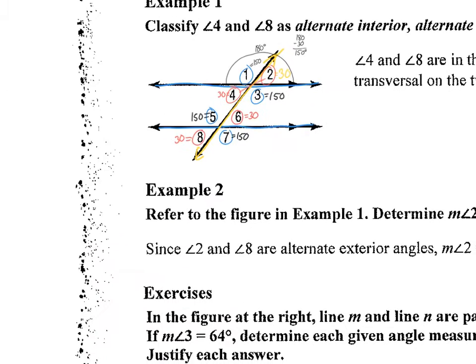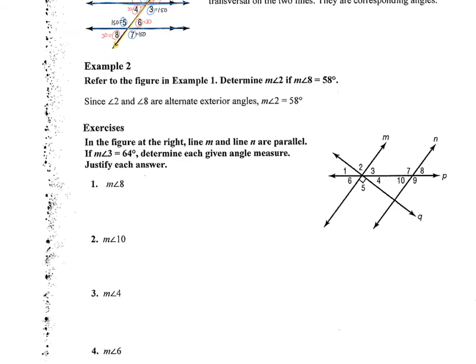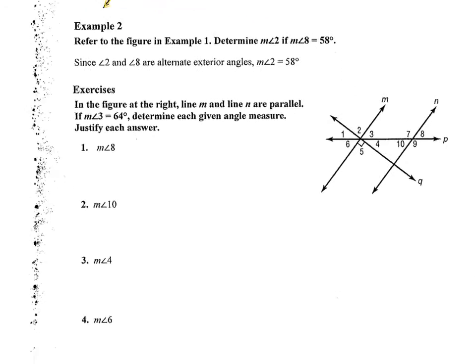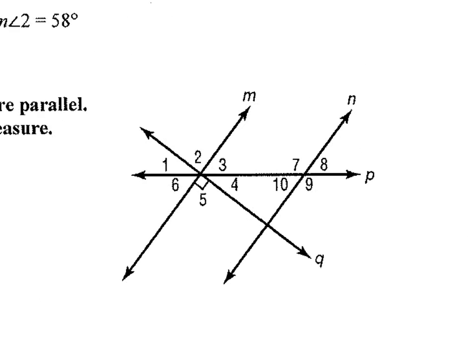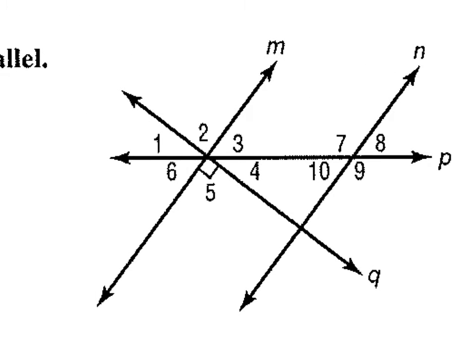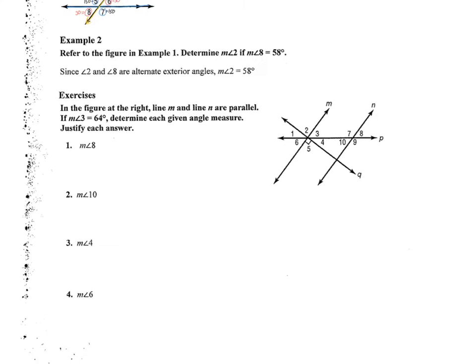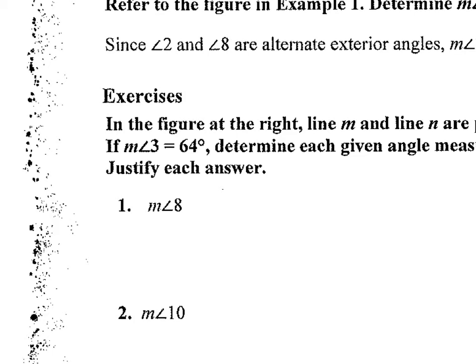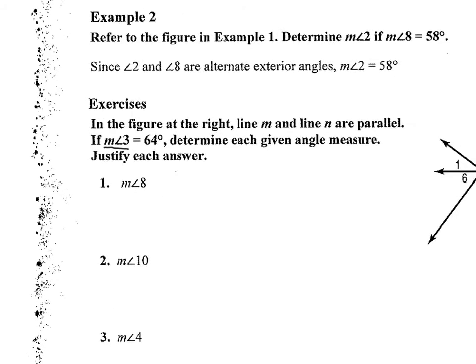Moving on to the next set of examples. Right here, these exercises, we're going to be working with this right here. I'm going to go through and define each one of these angles. What they tell me here, it says if the measure of angle 3 is 64 degrees, determine each given angle's measure.